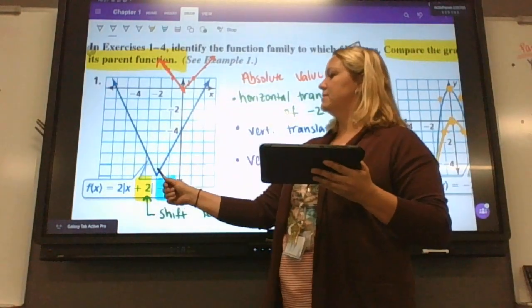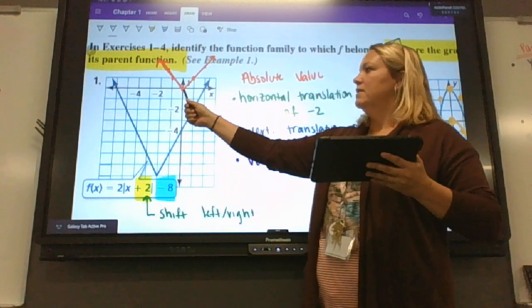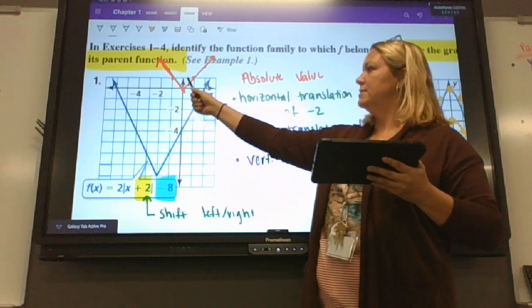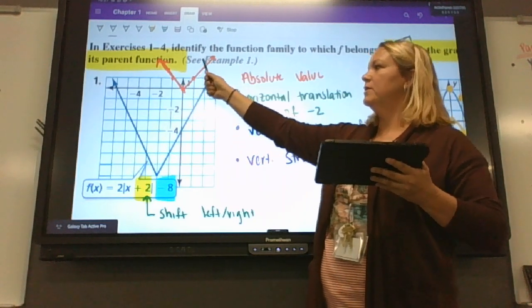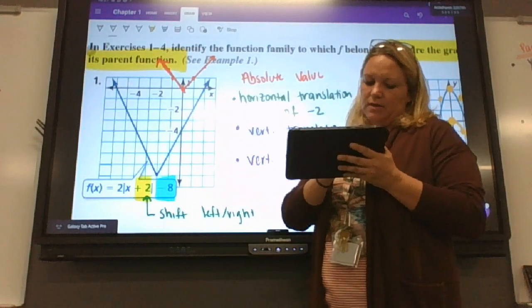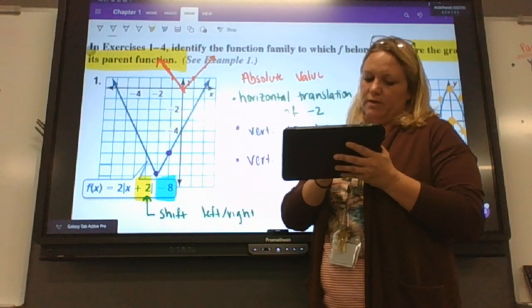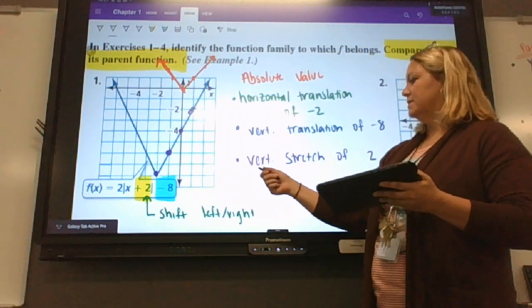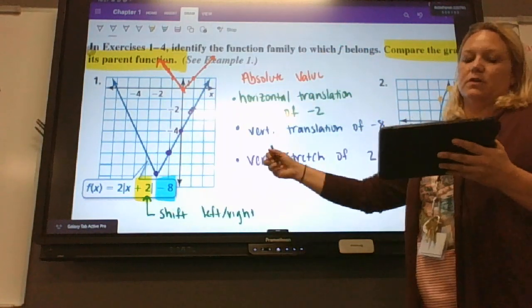We can see it as a slope. The original, when we did the table on the front, has a slope of up 1 over 1. This one, if you look, is going up 2 over 1. It's got a steeper slope. A steeper slope is called a vertical stretch.